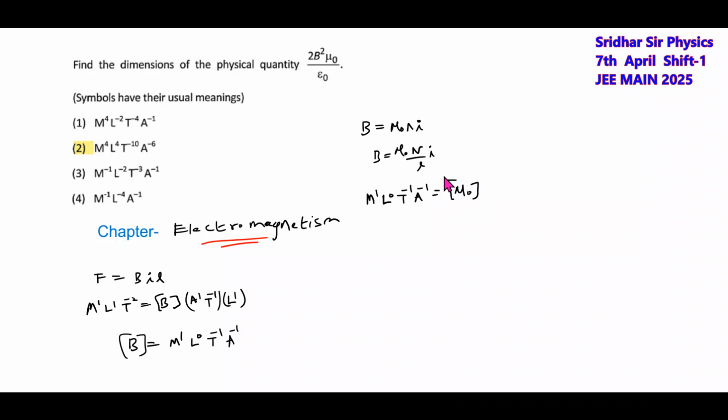Dimensions of mu naught we don't know. n is the number of turns, dimensions of length will be L1, and dimensions of current will be A1. So the dimensions of mu naught will be M1 L1 T minus 2 A minus 2.